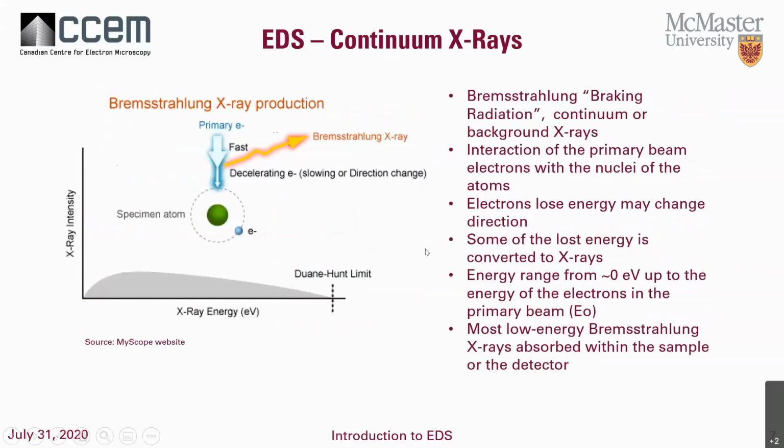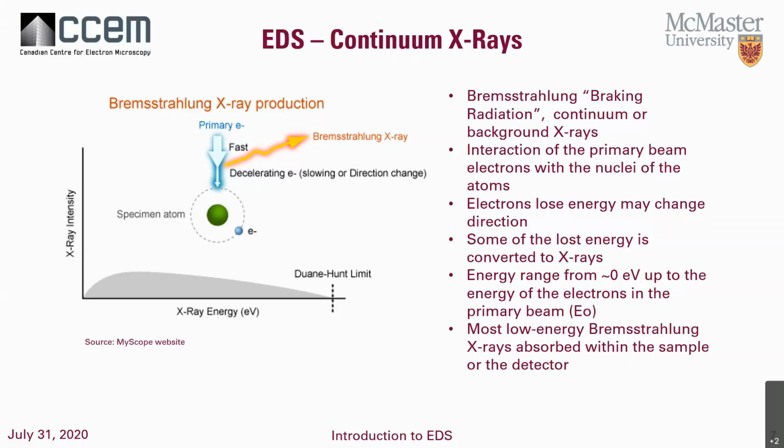So background radiation, or continuum X-rays, or a fairly unpronounceable German name, bremsstrahlung or braking radiation, is produced when the electrons are affected by the nucleus of the atom but don't cause any electrons to be lost from the atom.